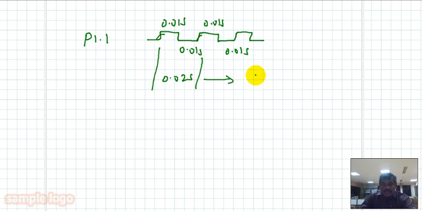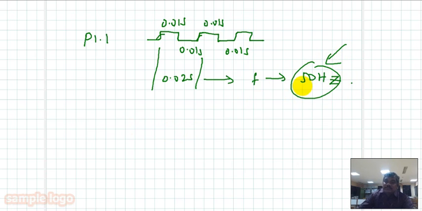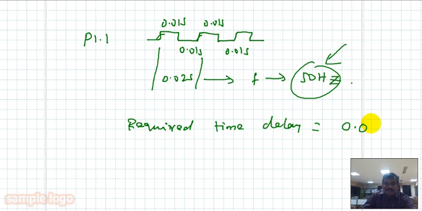If you convert this time to frequency, again the frequency will be 50 Hz, and this is the frequency you are supposed to generate. Is it clear? So here the required time delay will be 0.01 second. This much delay you are supposed to generate.